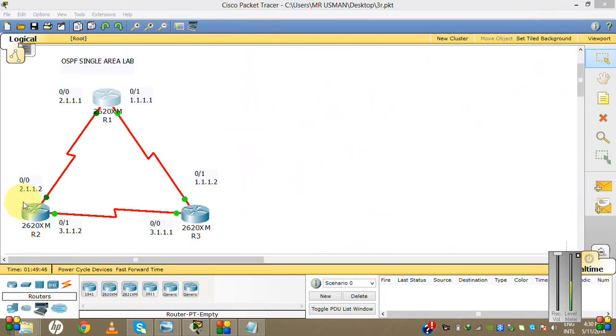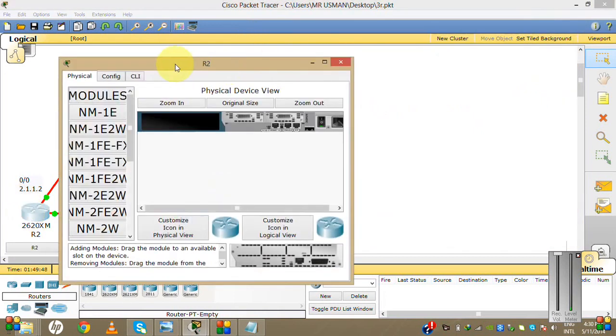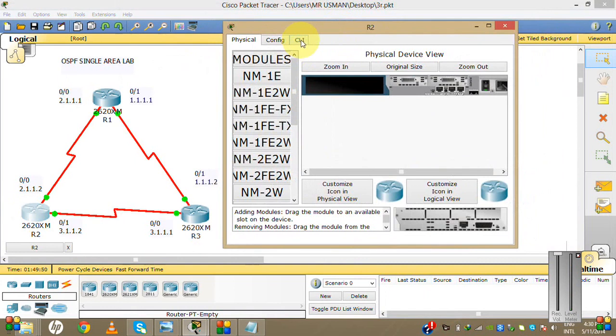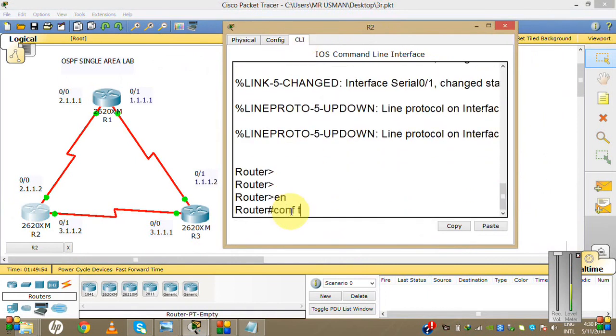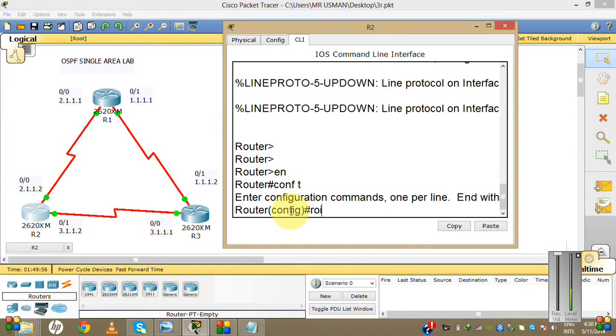Now on the next router, enable, configure terminal, router ospf 1.